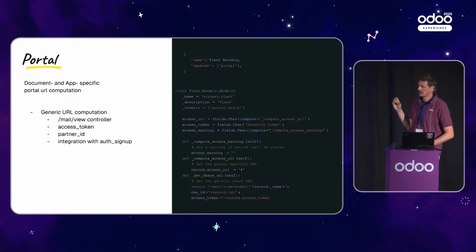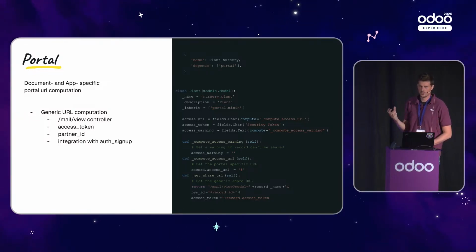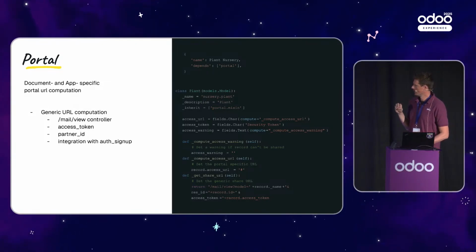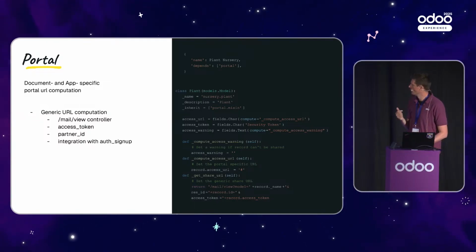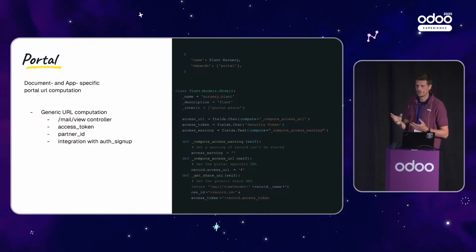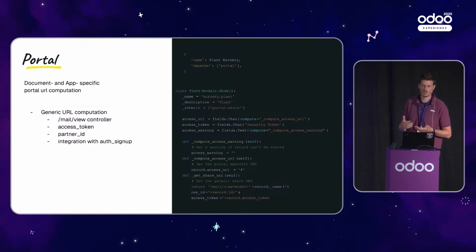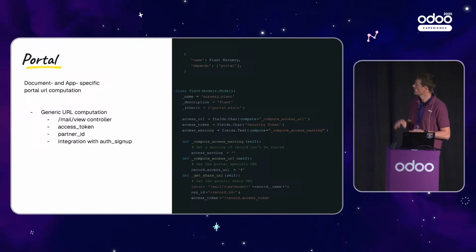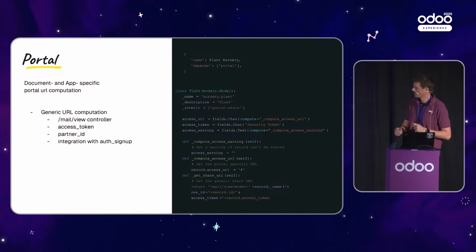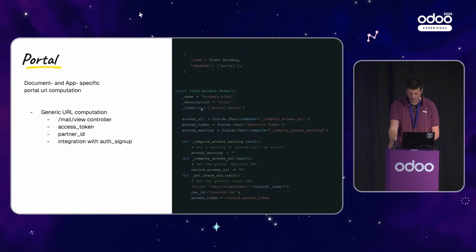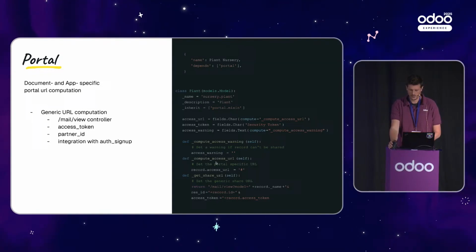You sometimes want to share the sale order with a customer, a specific one, and you want the customer to be able to visit it and check what happened on this subscription or this order. To do that, you can use the portal mixin. The portal mixin comes with an access token and a compute access URL.